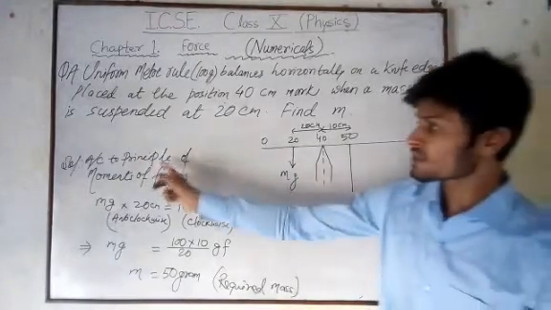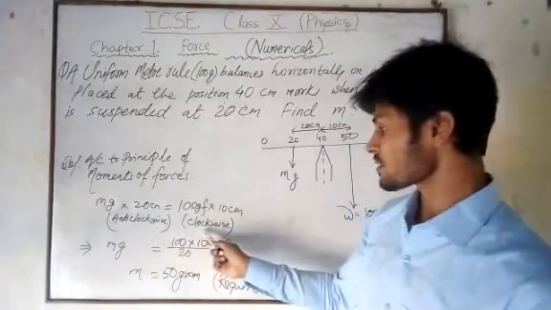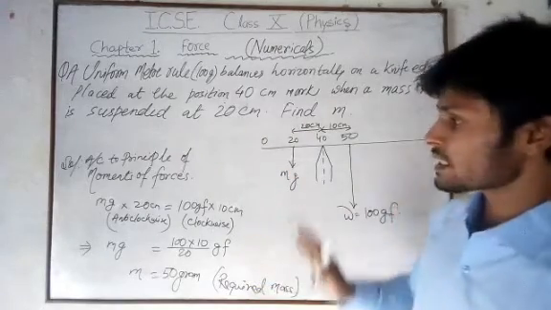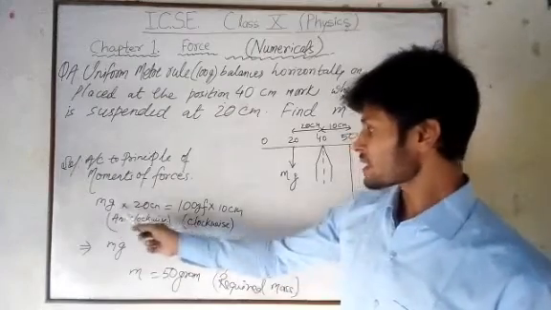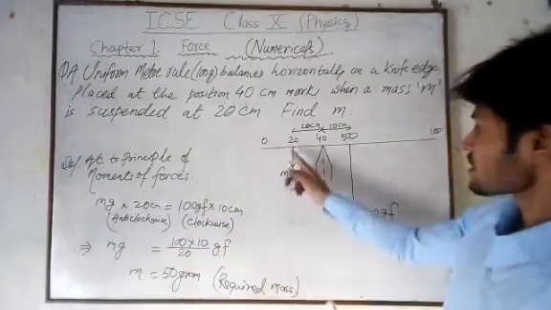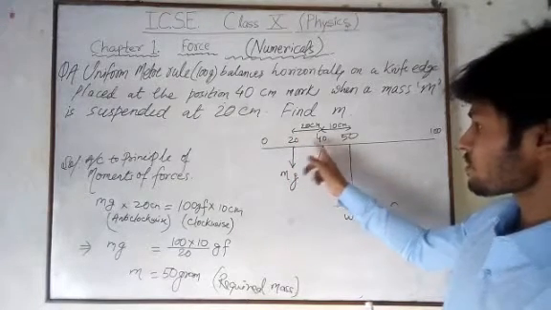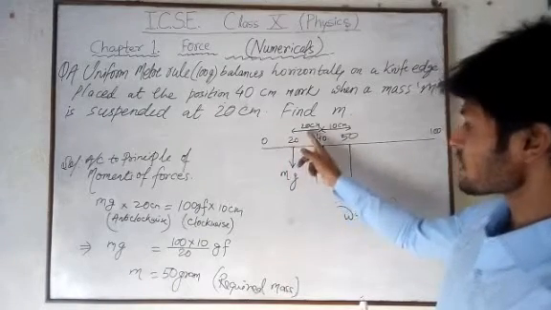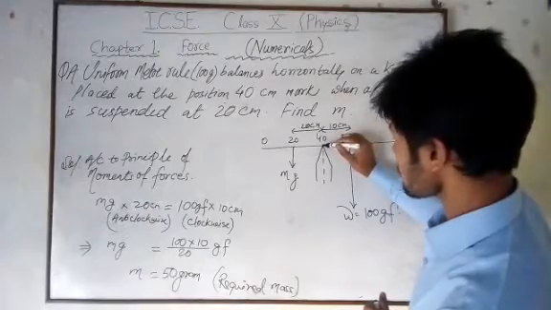Now, according to the principle of moments of force, the anti-clockwise moment is equal to the clockwise moment, as the meter rule is in the state of equilibrium. So here, mg is the load, and the distance from the 40 centimeter reading to the 20 centimeter reading is 20 centimeter. This is the pivoted point.